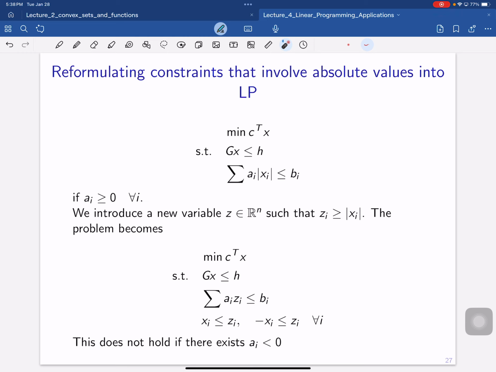Suppose you have this generic form where you have ai times the absolute value of xi less than or equal to bi. What I can argue is that if all the coefficients ai are greater than or equal to 0, then you can reformulate this absolute value problem using a linear program. If one of the ai is negative, then that is not the case.